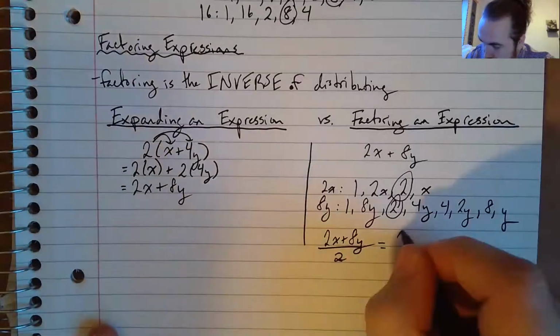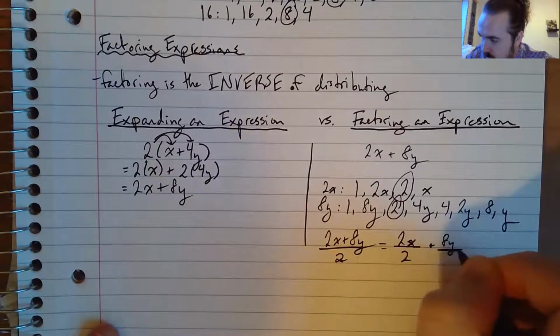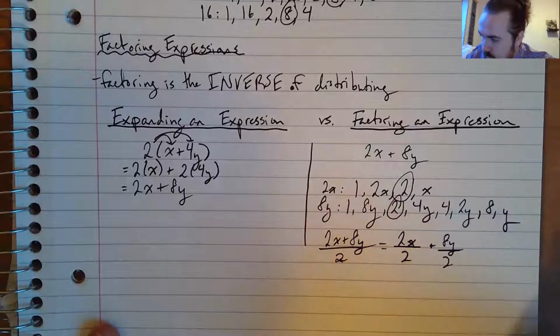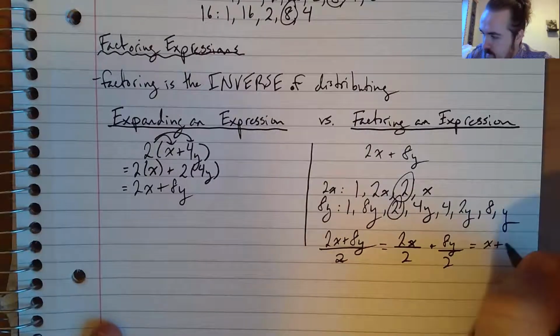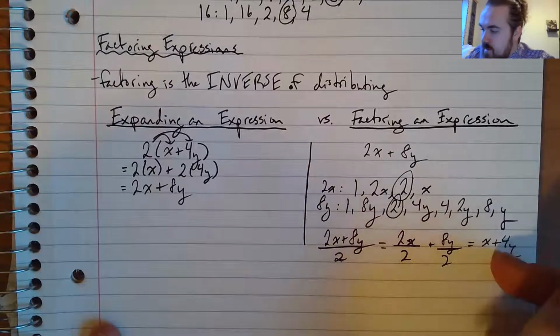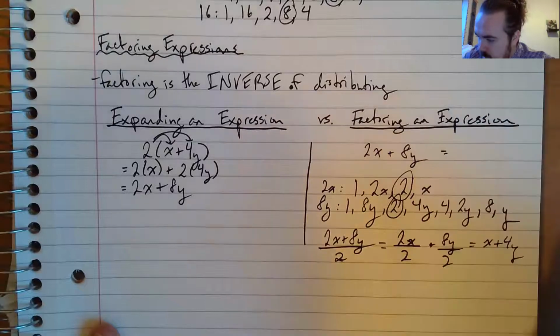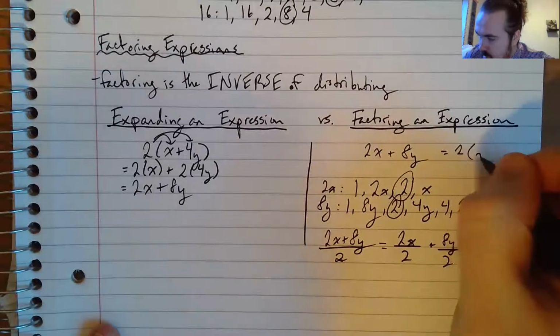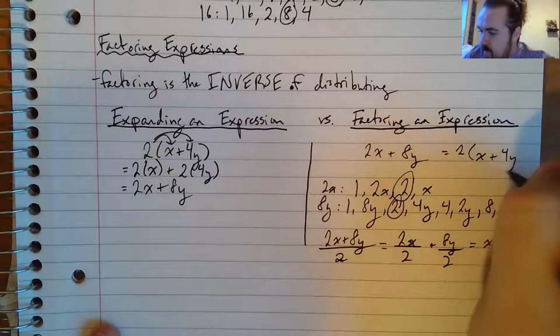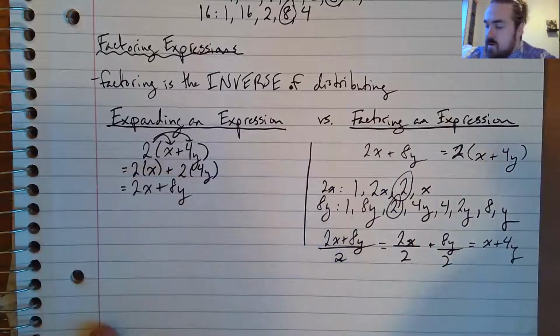So we have 2x divided by 2 plus 8y divided by 2, which would leave me with x plus 4y. So that's what's inside parentheses. That's what's outside parentheses. That tells me that 2x plus 8y is the same as 2 times x plus 4y, which again is what we started with over here. That should make sense. They're inverses, they do the exact opposite.